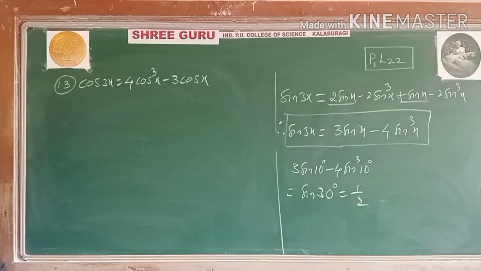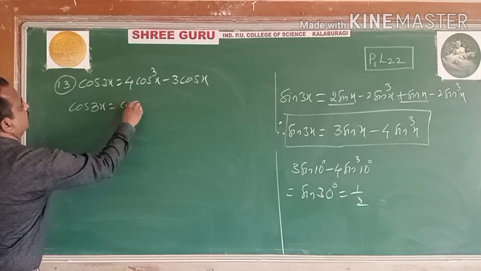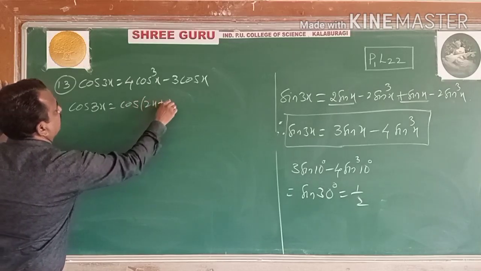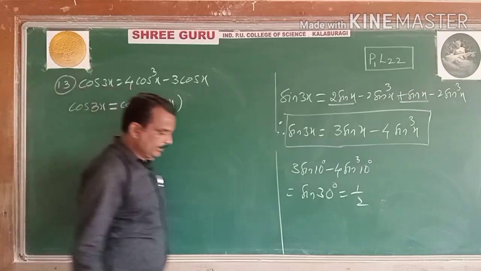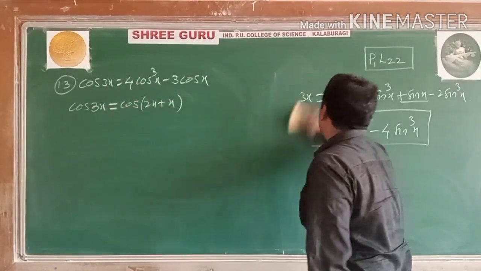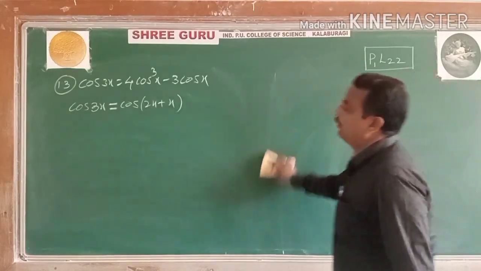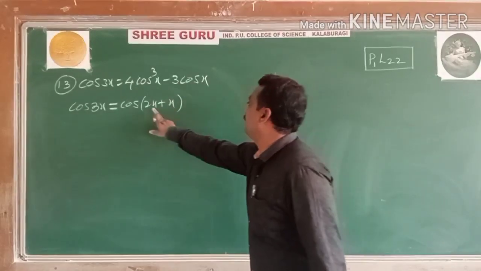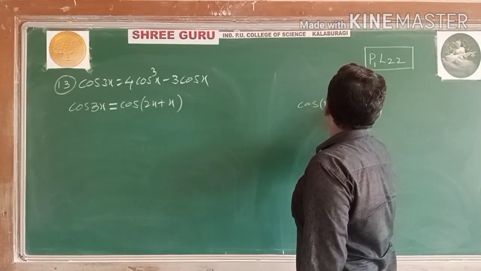Now let us see this cos of 3x. We will go for the cos of 3x here. So cos 3x, shall I write 2x plus x or x plus 2x? Expanding cos of x plus 2x or 2x plus x, like that you may simplify. Now see what we have converted. We have written it in the form of x plus y. What is cos of x plus y?